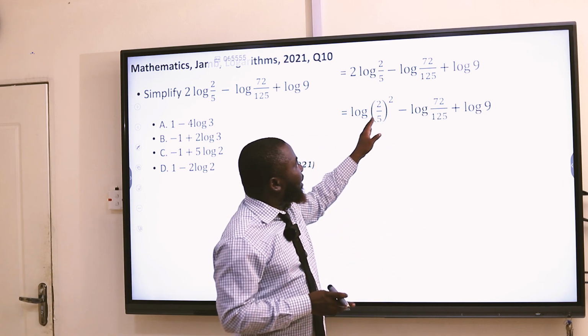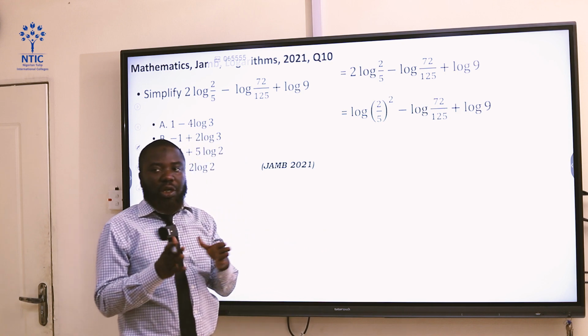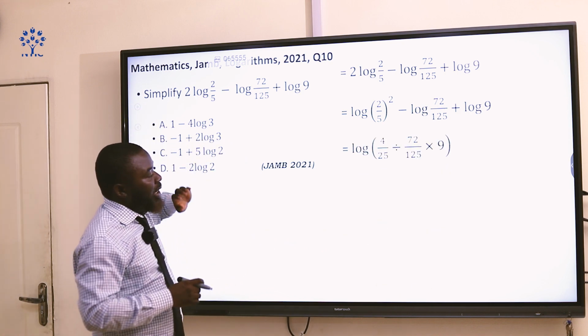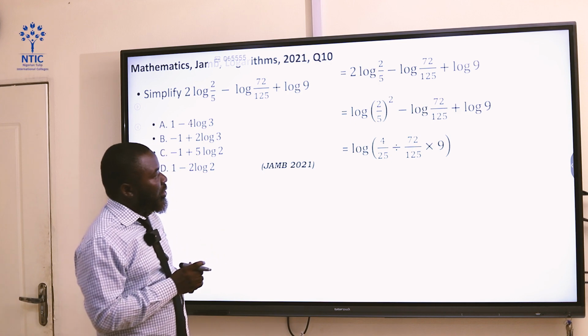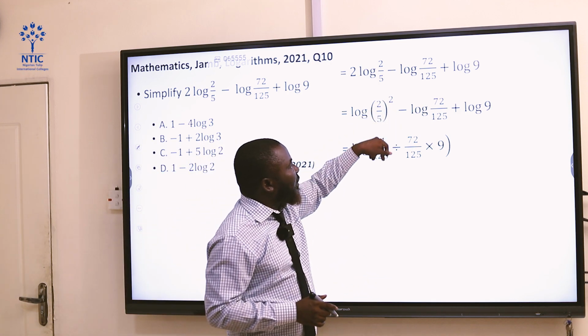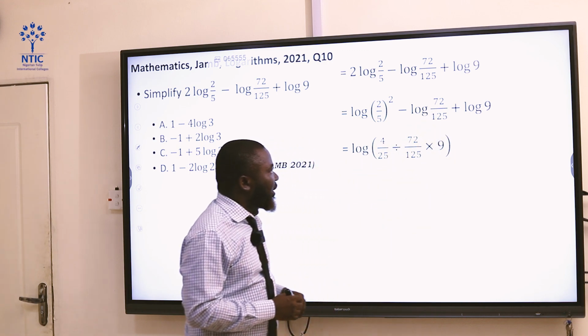So when we return it, then we're going to now make use of our addition and subtraction law. We say we should multiply and then we should also divide. So here is going to be 4 over 25, divide by 72 over 125, then multiply by 9.